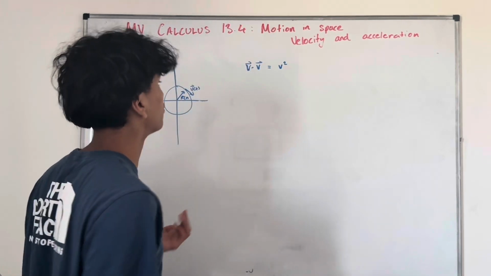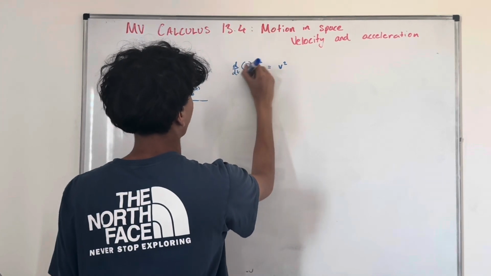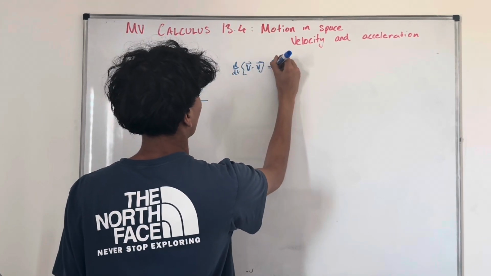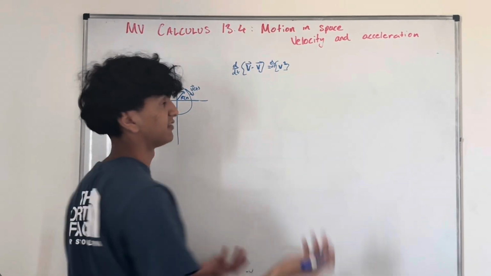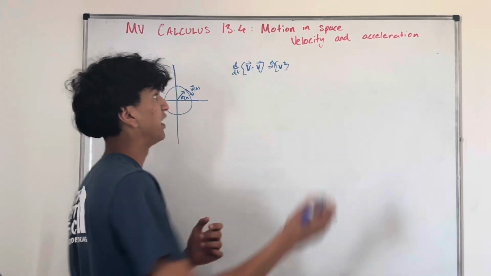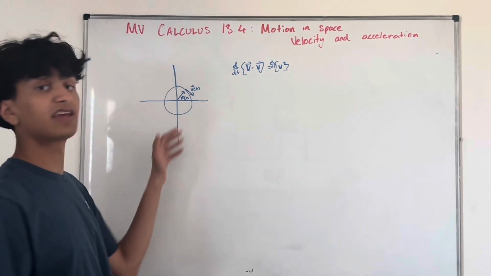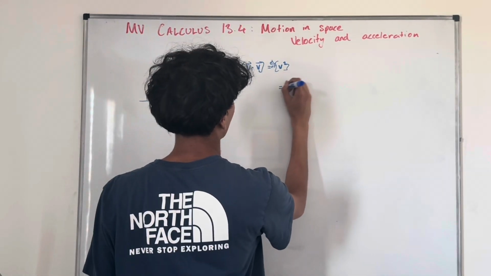And let's just take the derivative of both sides, just for fun. If I take the time derivative on both sides, v is a constant, because the speed isn't changing. It's not speeding up or slowing down, so this derivative just becomes 0.